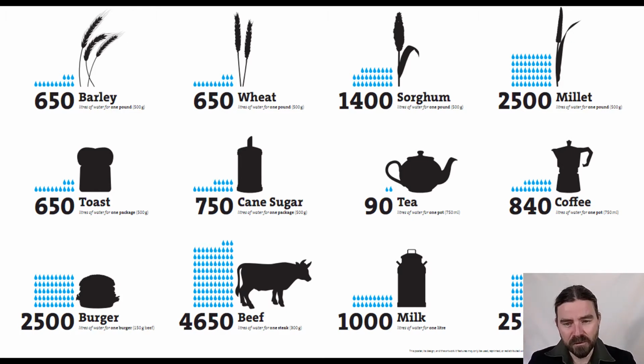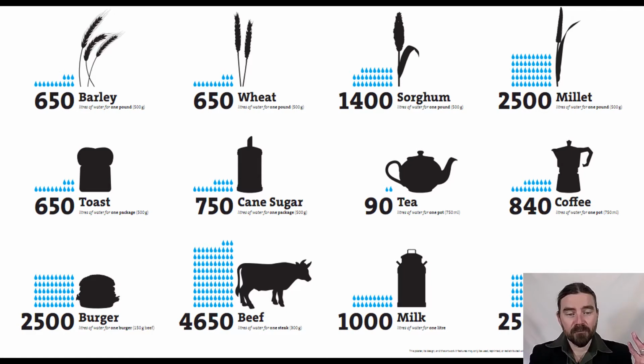But you kind of get the idea, right? So 90 litres of water needed to make 1 pot of tea. Look at beef though, 4,650 litres of water needed just for 1 steak, and that's only 1/3 of a kilogram. So crazy amounts of water. Basically, animal products use heaps of virtual water because it's inefficient to, and this is the answer to a homework question, to an activity question.